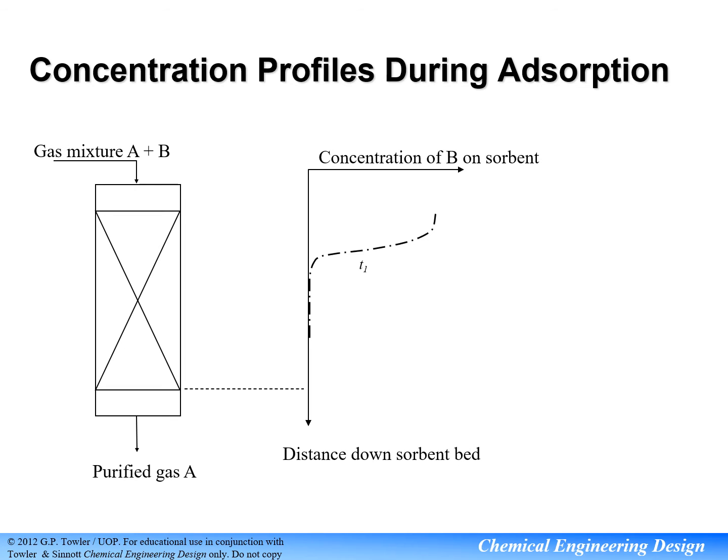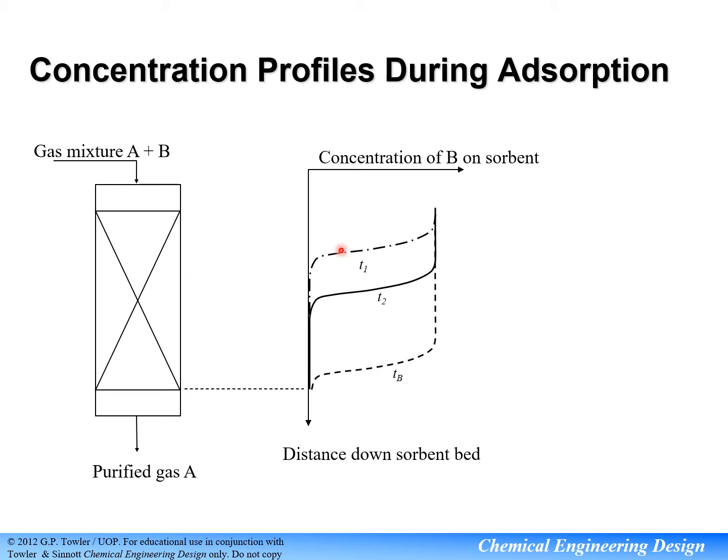So this is the concentration profile during adsorption. We can see here the concentration of B on the sorbent versus the distance down the sorbent bed. Basically, we can see that the concentration of B decreases as the bed length increases.